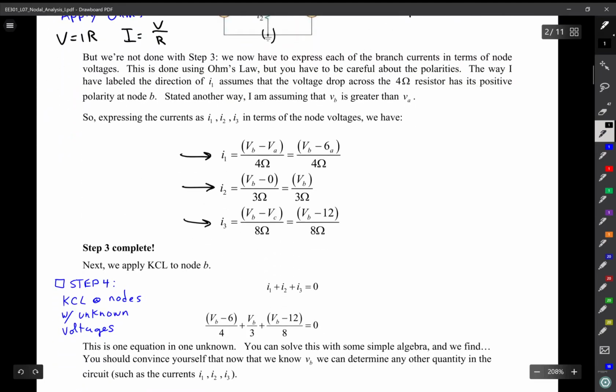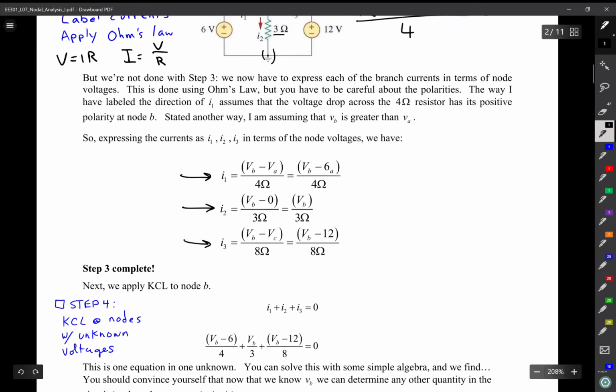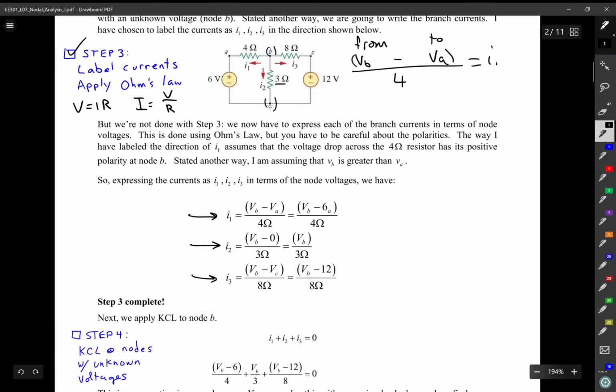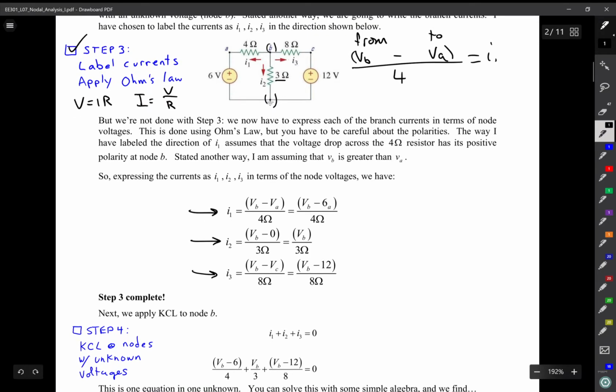So I'm going to apply Kirchhoff's current law at node B. In this case we'll have a minus for current going out of the node and a plus for current going into the node, and I sum those up and set it equal to 0. So I will have minus I1 minus I2 minus I3, because they're all going out, equal to 0.